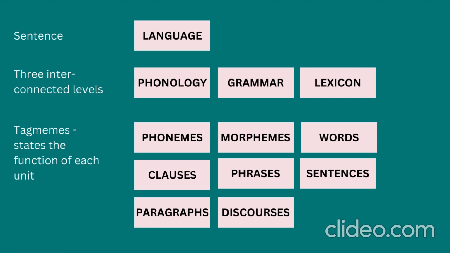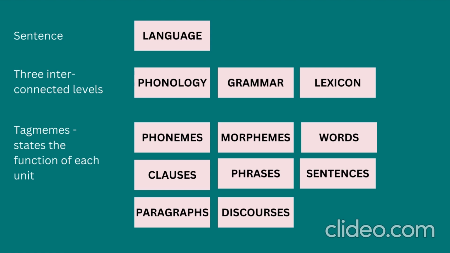For example, we can split this sentence on the basis of the different linguistic units within that sentence. It can be the phonemes, the sounds, and the morphemes, which are the smallest meaningful units. Then these morphemes club together to form words.